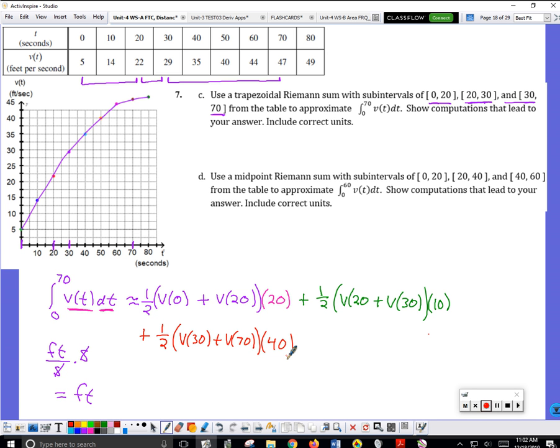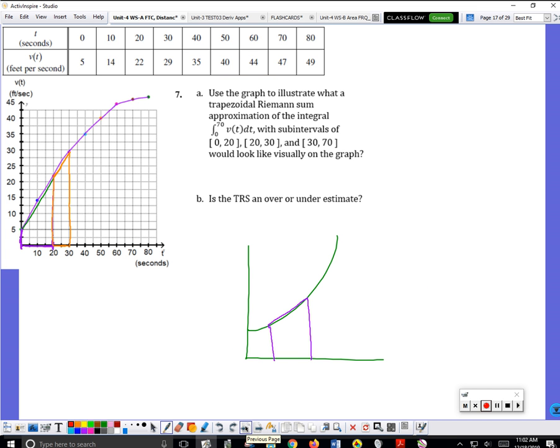Okay. If you look up at part A, it says use the graph to illustrate the trapezoidal Riemann sum approximation. What would it look like visually on the graph? So what you do is, again, look at the subinterval, and we are taking the width of the subinterval.